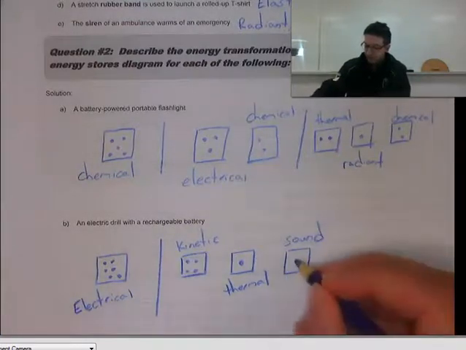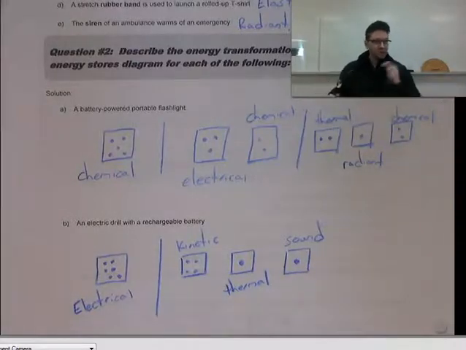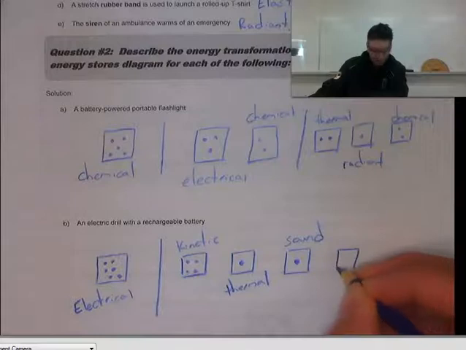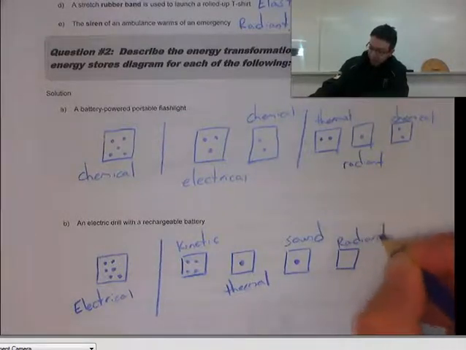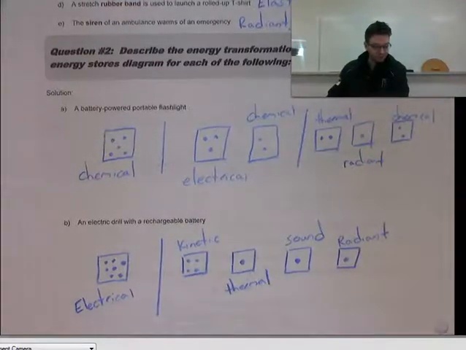And I only have room for 1 more dot. There you go. Some drills also have a light on them, so you can see better. So if you want to put in radiant energy, you can. If I add a dot here, that just means I need to make sure I add a dot there as well.